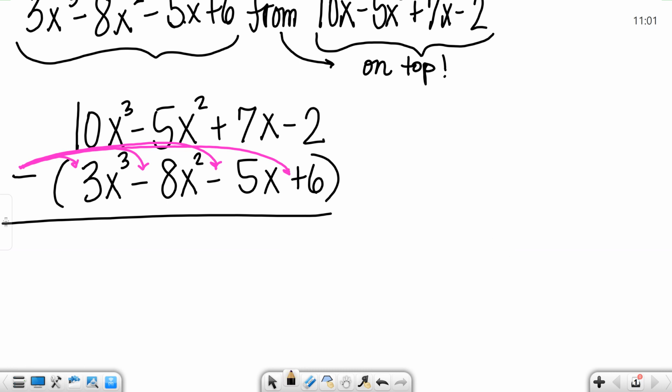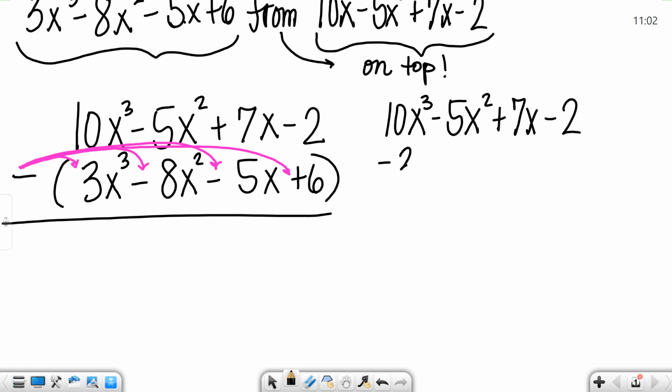Over here to the right, I am going to rewrite the problem. Our top polynomial is not going to change. It's going to stay exactly the same. Our bottom polynomial now changes to negative 3x cubed minus 8x squared times that negative out front makes it a positive.